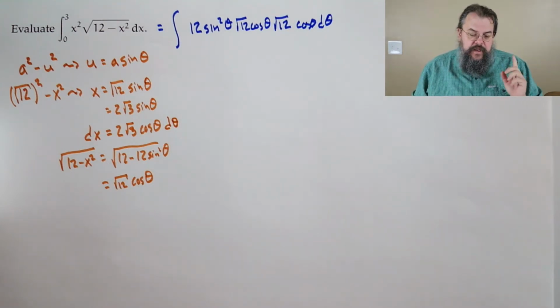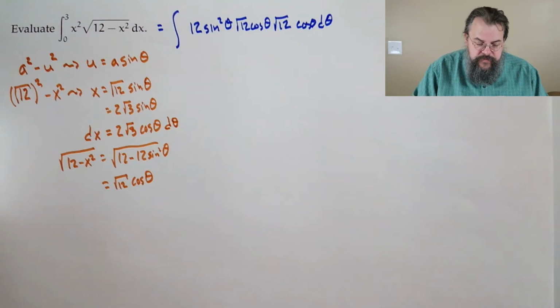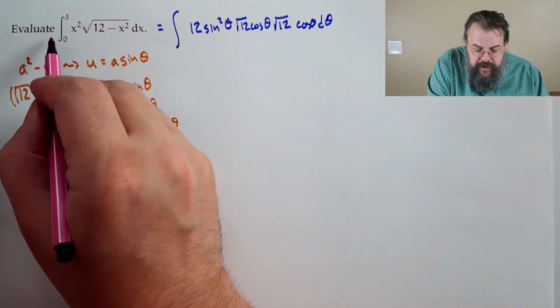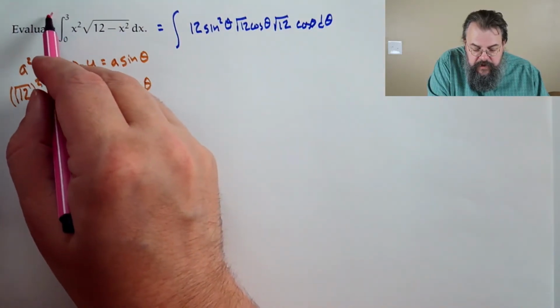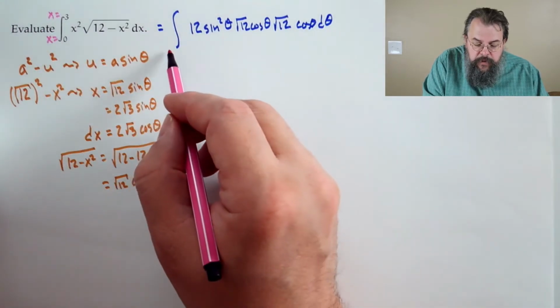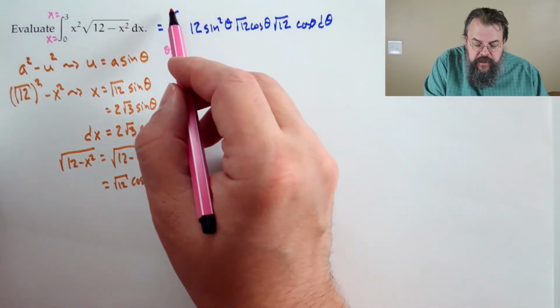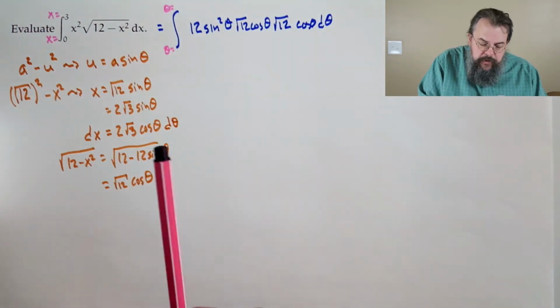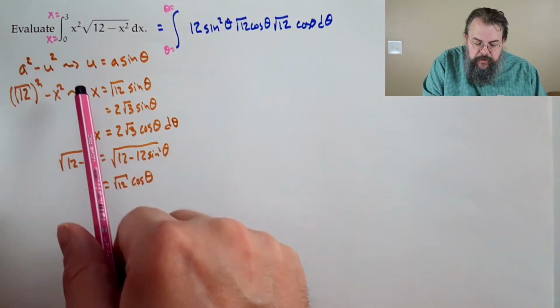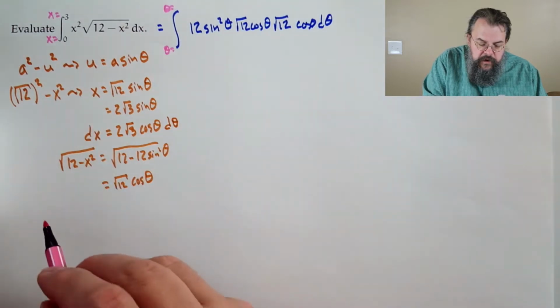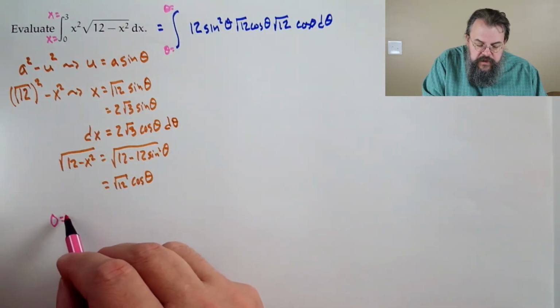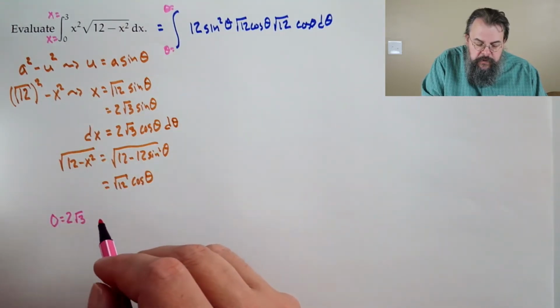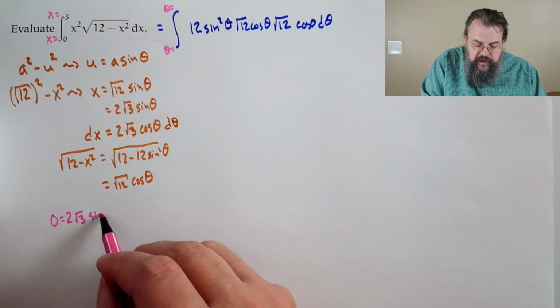Okay, so let's think about the bounds. Remember, our current bounds are x bounds, like x equals 0, x equals 3. We want to go to theta bounds, theta equals something to theta equals something. So we plug in x equals 0, and we say 0 should equal 2 root 3 times sine of theta.